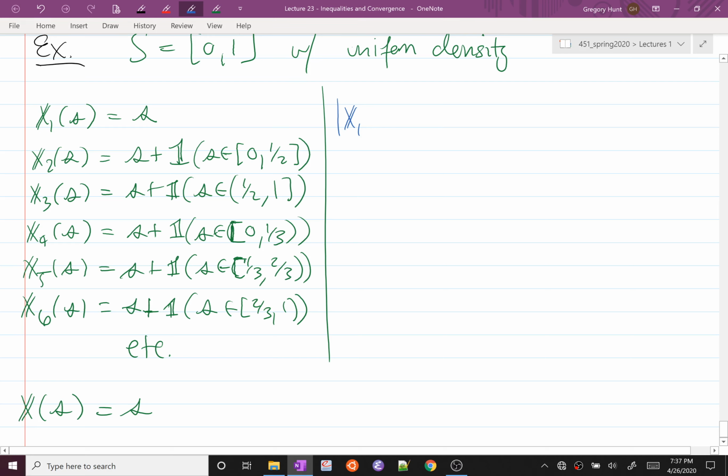So let's say, if I look at this, this is just going to be 0, because x of 1 is s, x of s is s. And x of 2 is just going to be s plus this indicator minus s, so x2 of s minus x of s is just the indicator that s is in this interval.